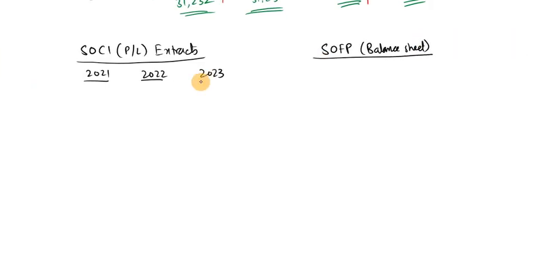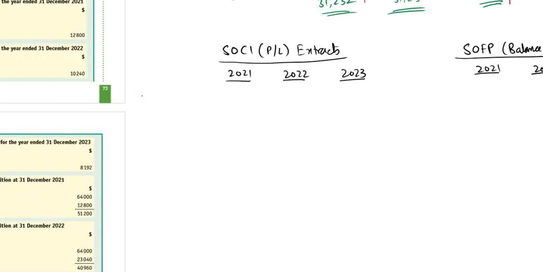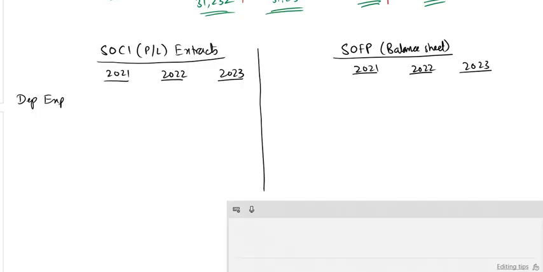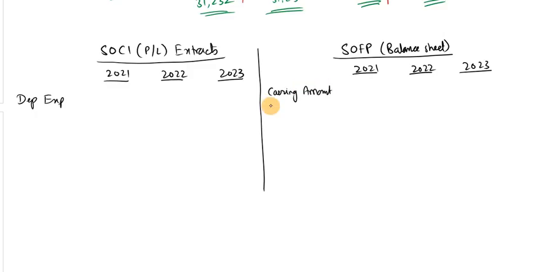So the balance sheet will be for 3 years also, 2021, 22, and 23. So here we can write the depreciation expense only, and in the statement of financial position, we will write the carrying amount, also the WDV amount, carrying amount of machine.